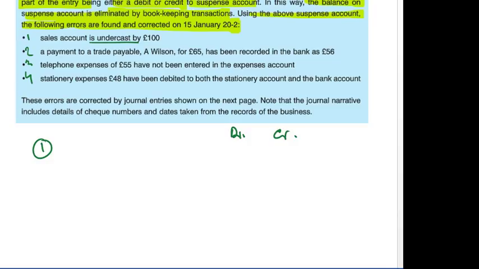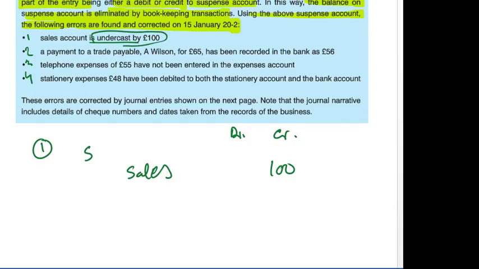Number one, I want to up my sales. We always do the debit first, but this time sales, I want to make it higher, 100. And we are in suspense whether it should be bank or cash, what should be our debit. Just a couple of minutes earlier I said you need to make the obvious error correct, which is obviously here your sales is undercast. It's wrong.